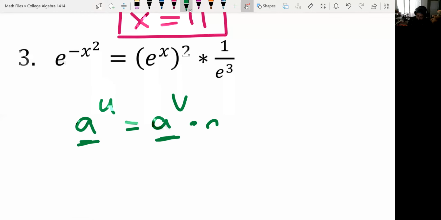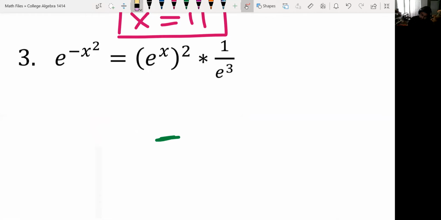There can't be another base here if we use it. So we have to figure out how do we get this to one single base, which means we have to rewrite the right side of this equation. The left side is perfectly fine. So this will stay e to the negative x squared.